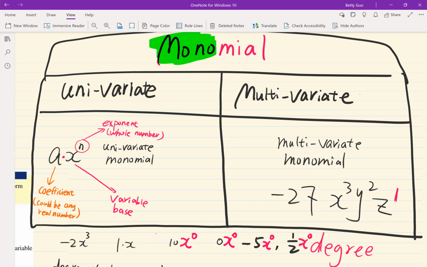Let's look at the three parts in the form closer. The first part, a, is the coefficient or numerical part of the monomial. So you can write it down.